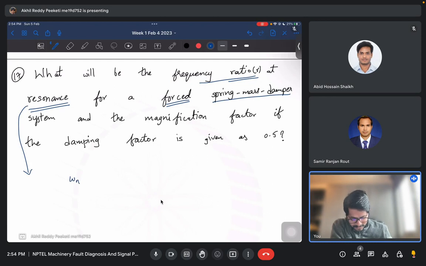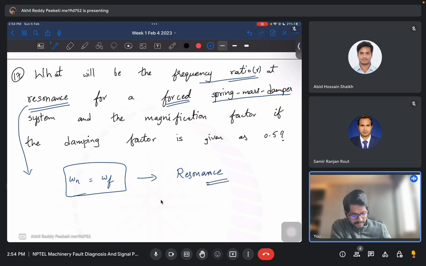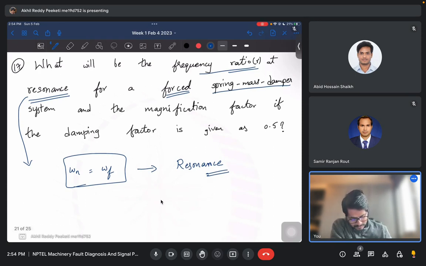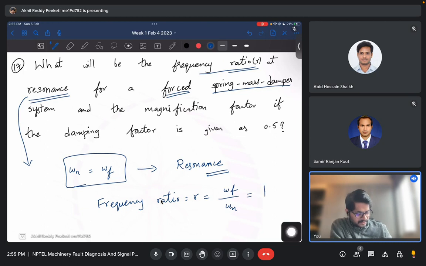When the natural frequency and the forced frequency are same, then you will have resonance, right? Frequency ratio R is defined as the ratio of the forced frequency and the natural frequency. So at resonance, the frequency ratio should be 1.